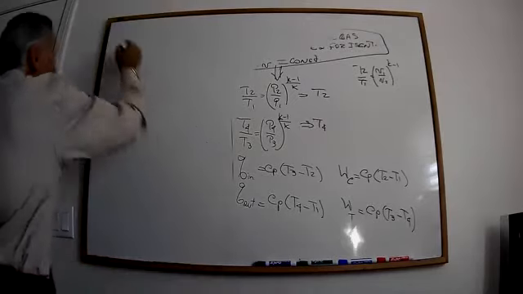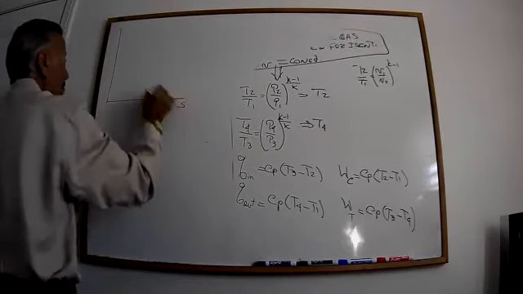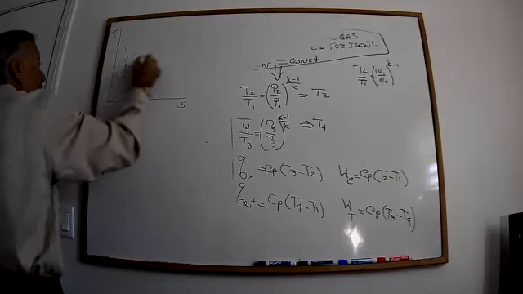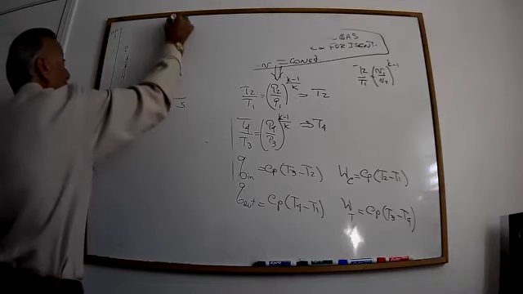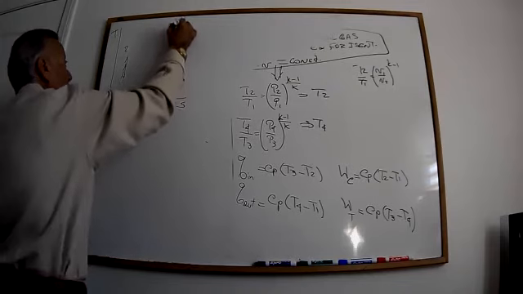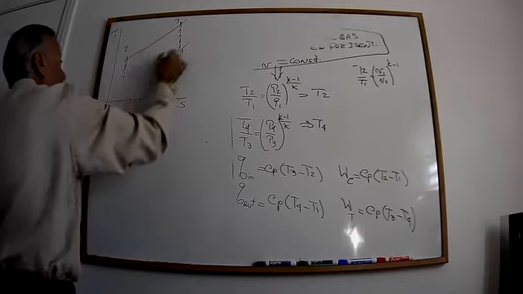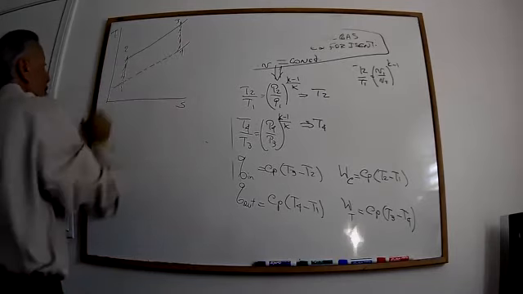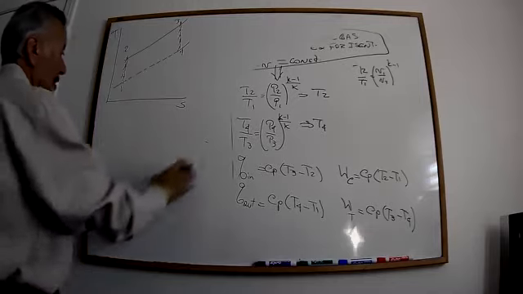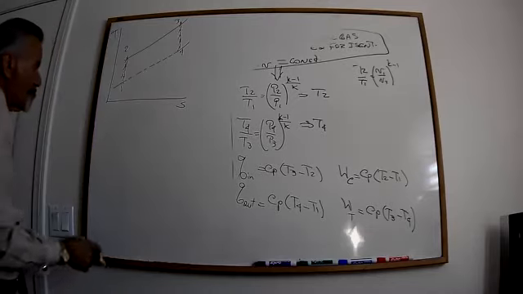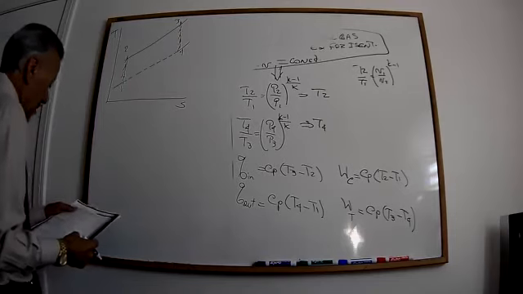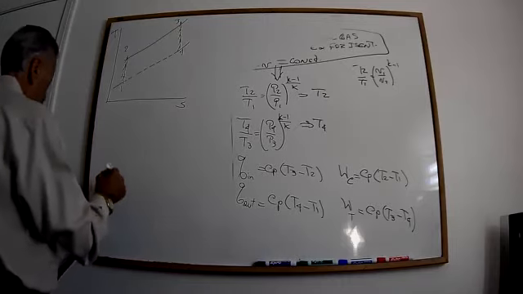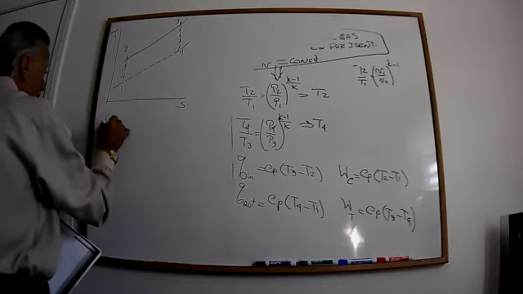Now, the first thing we do, we draw the TS diagram. That's 1 and 2, 3 and 4. That's our TS diagram. Very quickly, we can find that out. Now, we have a cycle where R of P is 8.